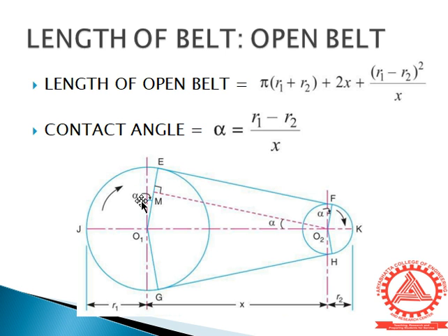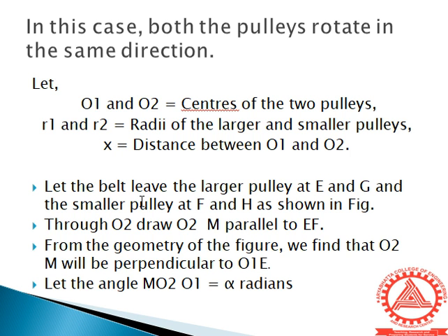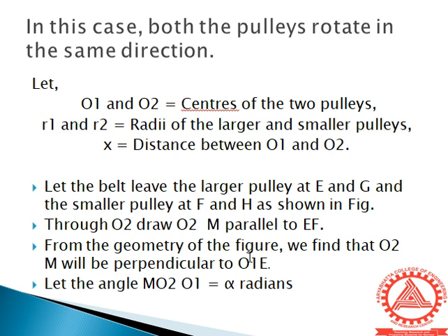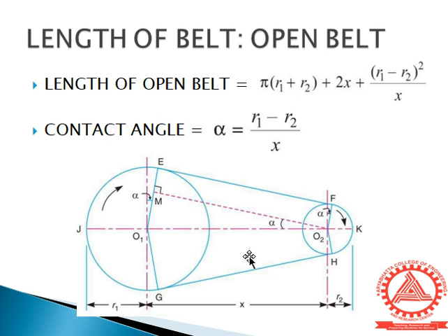If you see again on this screen, O1 and O2 are the centers of the two pulleys, and R1 and R2 are the radii of the larger and smaller pulleys. Here this is R1, and here this will be R2.